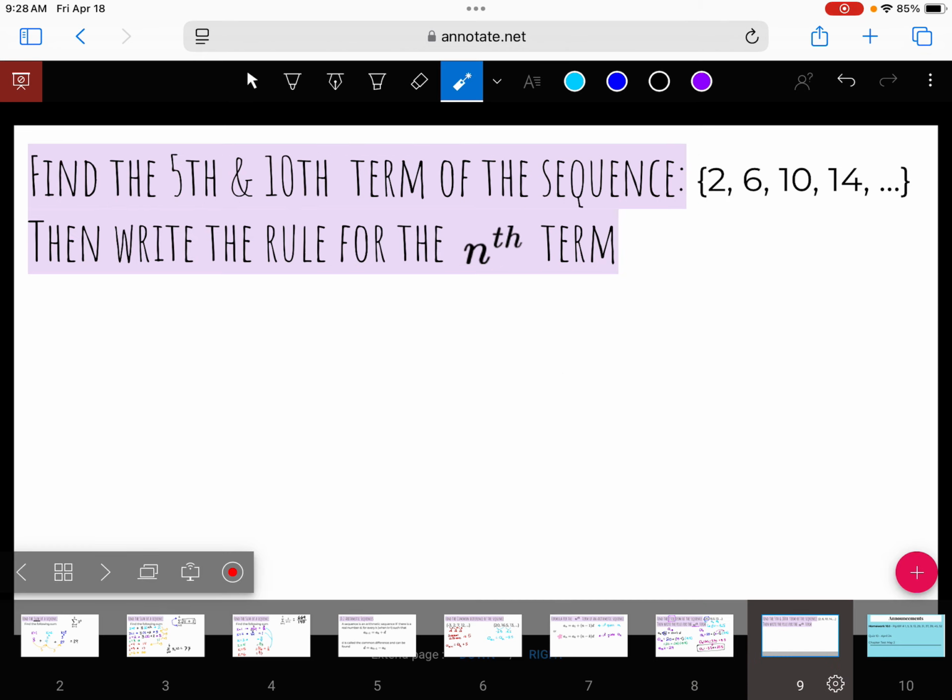Let's look at another one. Similar kind of vibe. I'm giving us a sequence. We're going to find the 5th term. We want to find the 10th term. And we want to write the equation for the nth term.